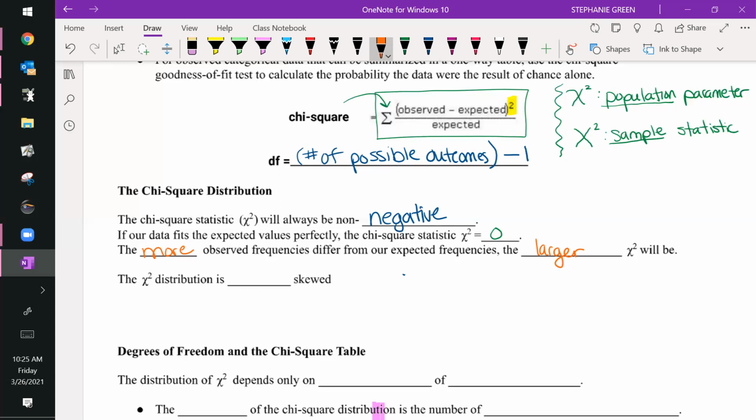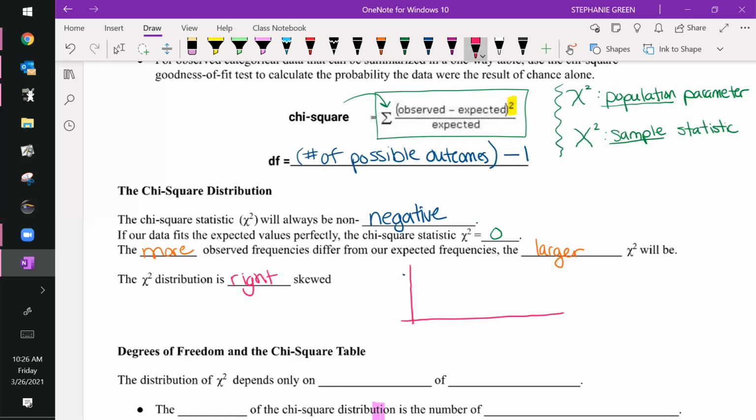So the chi-square distribution itself is actually going to be right skewed. This one is not symmetrical. Remember, the chi-square statistics will always be non-negative. They could be 0 here, but they're never going to be a negative number. For good samples, if we do follow our true expected values, we're going to expect our chi-squared to be 0.